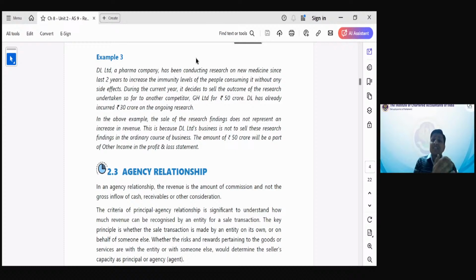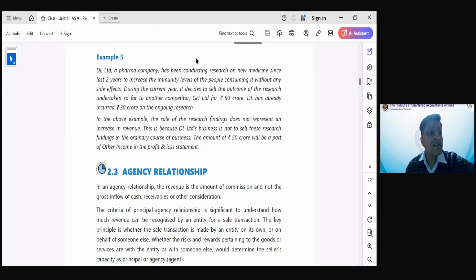In this particular case, research which is still in process, which is not yet completed, has been sold off. So, irrespective of whether the research is completed or not, if that is sold off, can we say that the pharma company has a business of getting into a research and then selling it off? No, we can't say that.